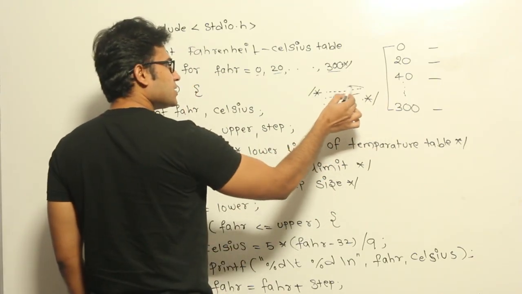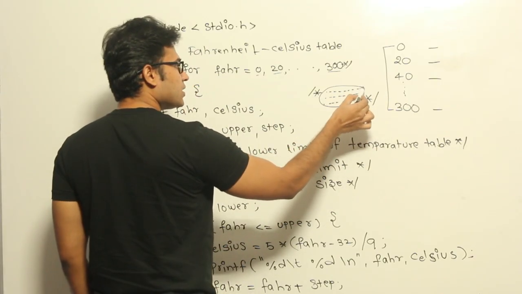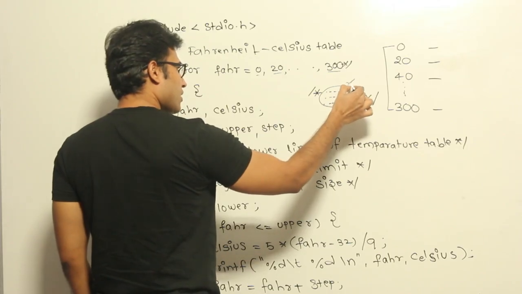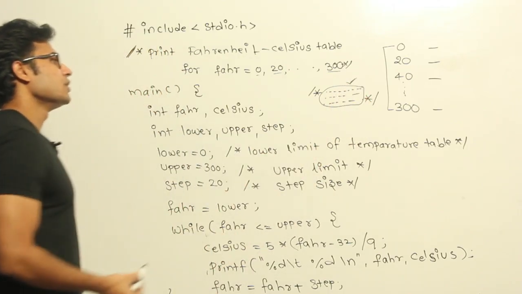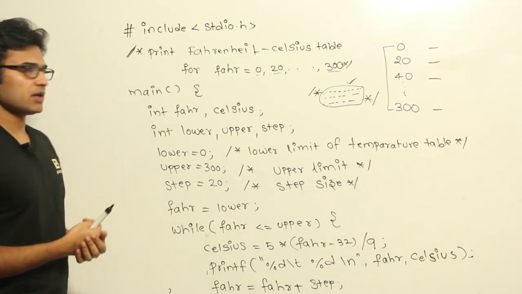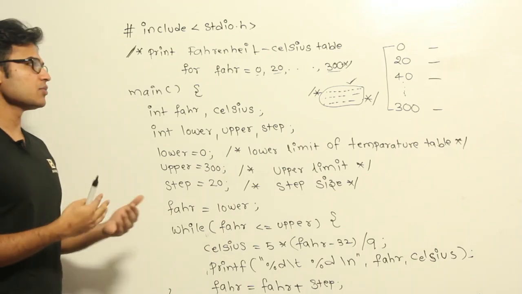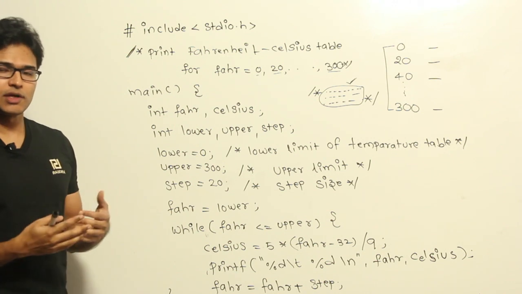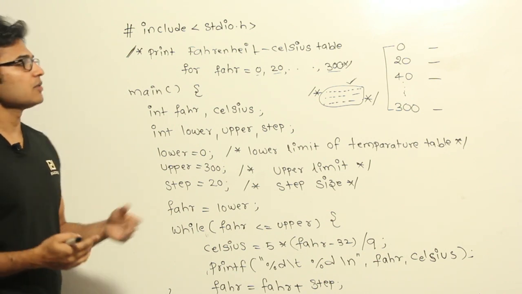Whatever is present between these two is considered a comment, and this comment is generally used for readability. Why do we include it? So that people who are reading this program will understand what this program is about. If you want to increase the readability of your program, just include it.